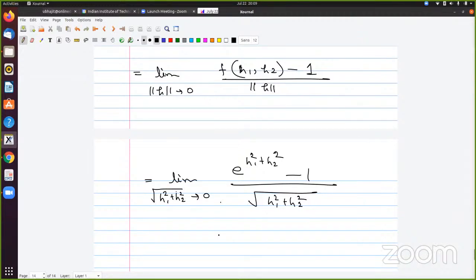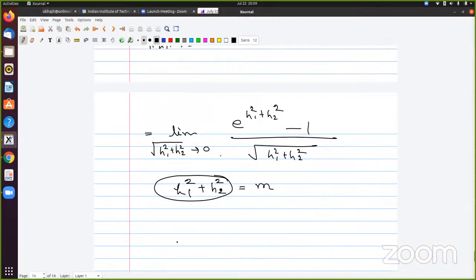What is it? 1. So we can call it, suppose m, e to the power x upon x is equal to 1, h upon h. So m tending to 0, e power m minus 1 by m. Right? This is what we got. Is equal to 1.